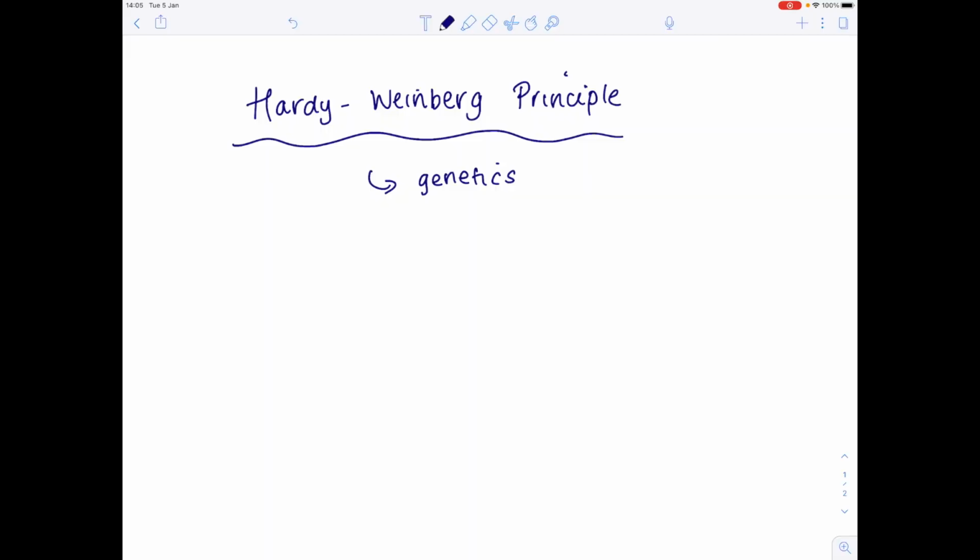Before we get into the nitty-gritty of the Hardy-Weinberg Principle, let's first of all look at a few key definitions. The first one is gene pool. Now the gene pool is all the alleles of all the genes of all the individuals in a population at any particular time.